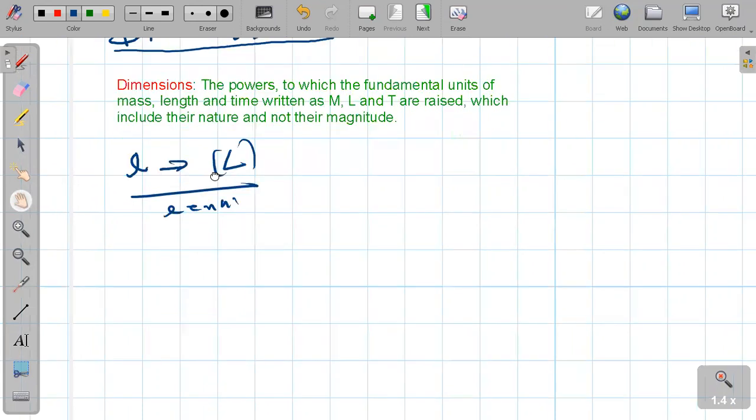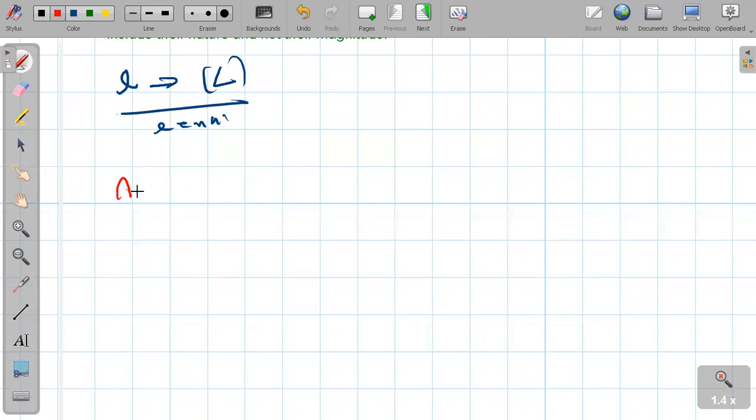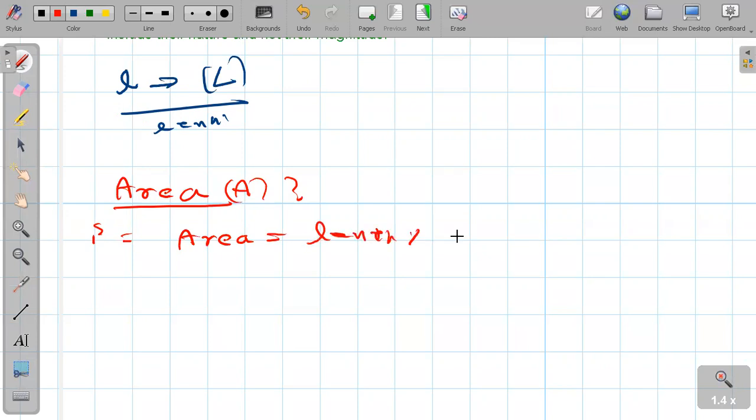But here it's for area. What is the first step? Write the equation. Area equals length into breadth. What you're trying to find is A equals L into B.